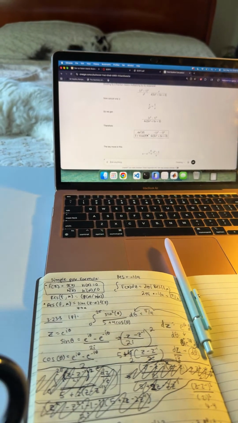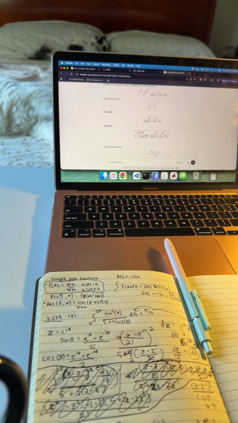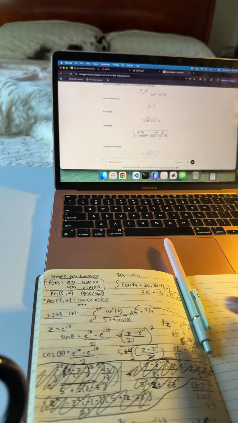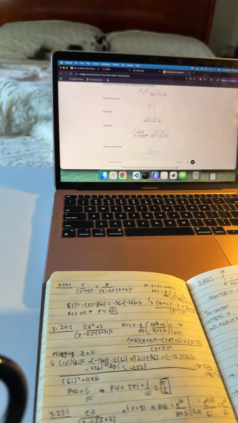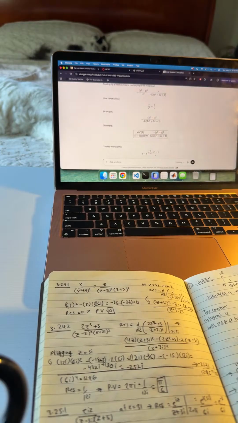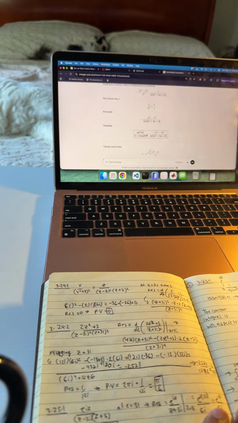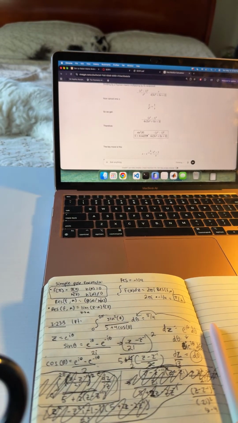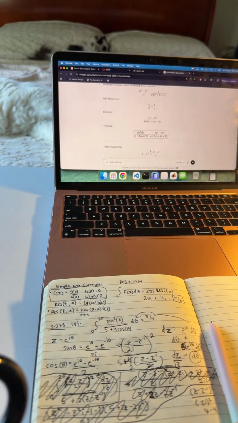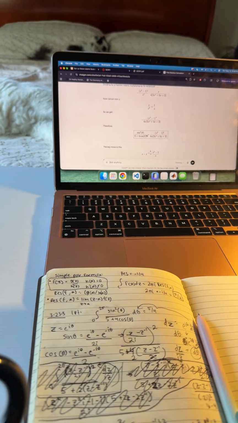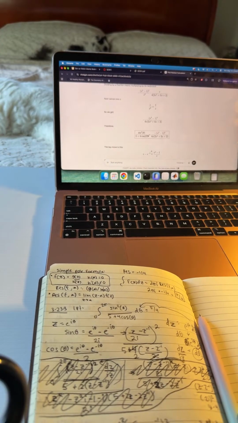Okay, I need a break. I don't even know what to do for a break. This is just one question and it's two pages long already. And there's seven more. What am I supposed to do? I have no idea, man.